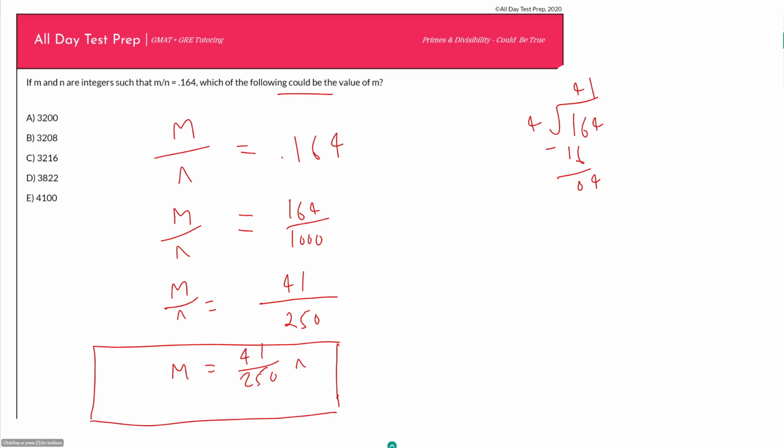So now I sort of have to take a step back and say, so what is this telling me? And this is also a case where, do not gloss over the fact that they tell you m and n must be integers. That is very important to questions like these, because think about what that means. If they didn't tell you this, m and n could be anything, and there are infinite possible values for both m and n.